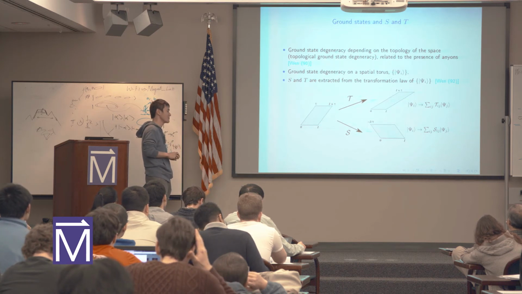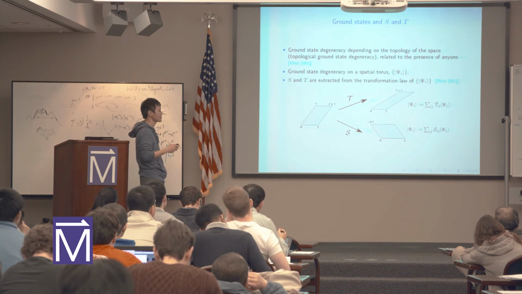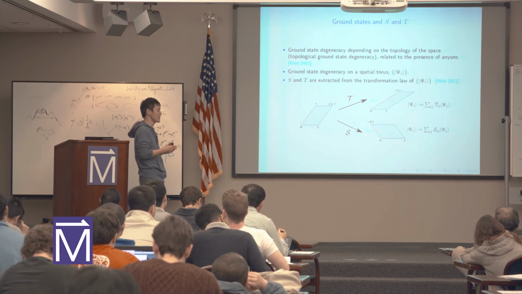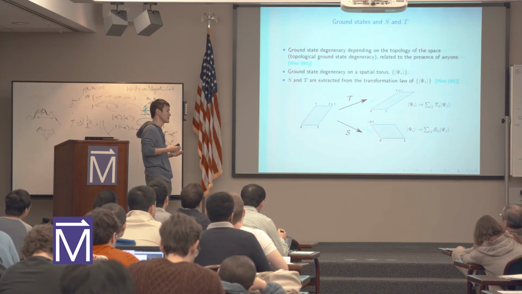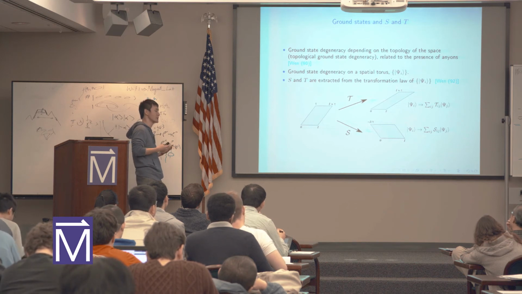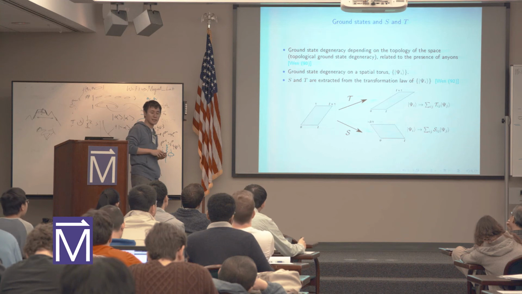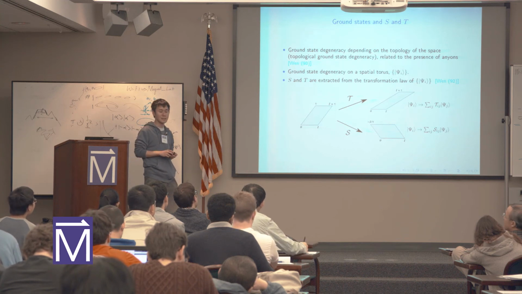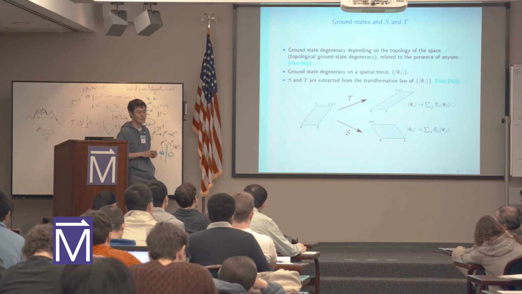As maybe the zeroth order characterization of the topologically ordered phases, we look at the ground states of the system put on a spatial manifold with non-trivial topology, such as a torus. Then there is a ground state degeneracy which has nothing to do with symmetry breaking.